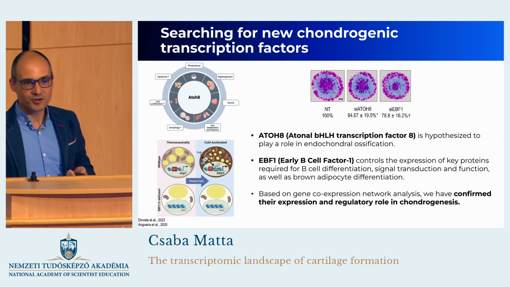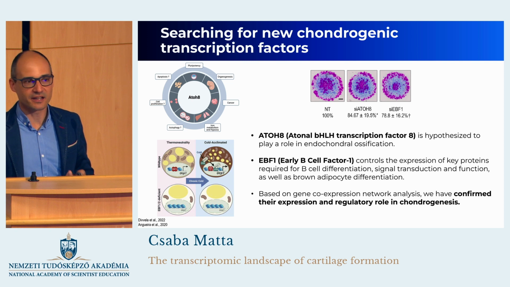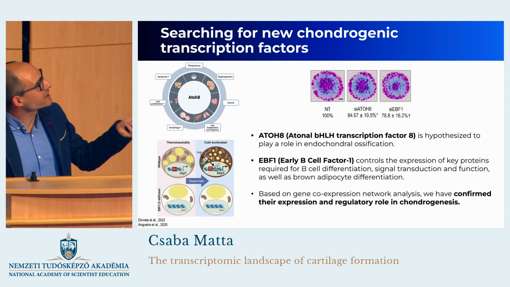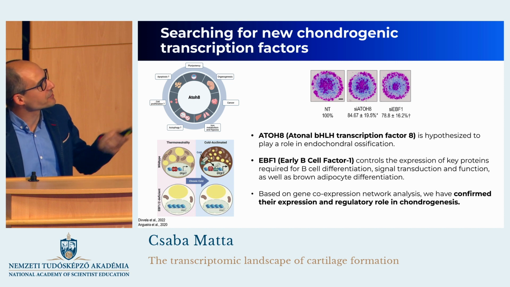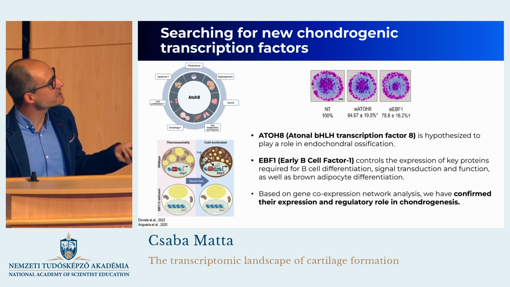So we were looking at transcription factors specifically with the hope that if we target these transcription factors that have not yet been implicated in chondrogenesis, we can maybe generate better quality cartilage for patients to implant, for example. And we picked these two, 808 and EBF1. None of these have been previously described as important regulators of chondrogenesis.